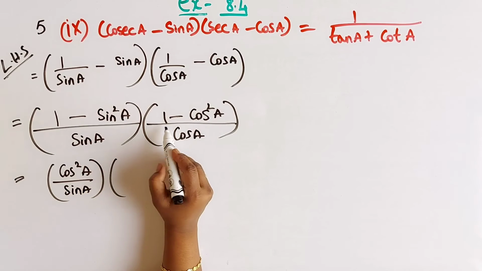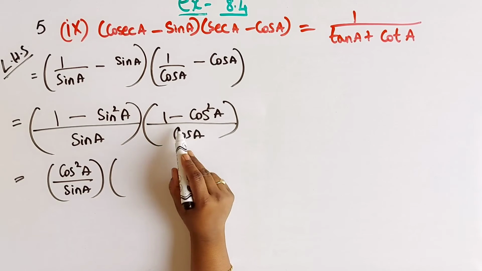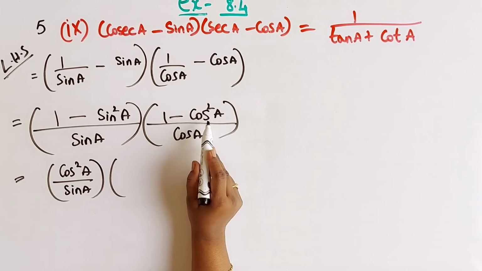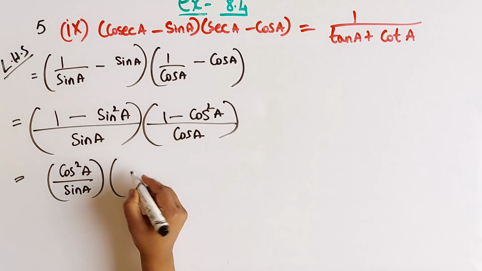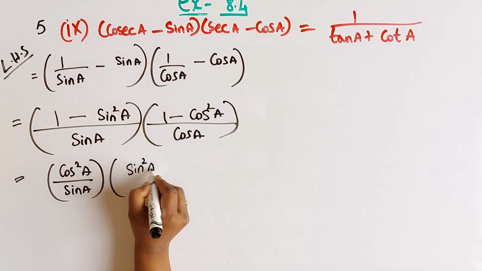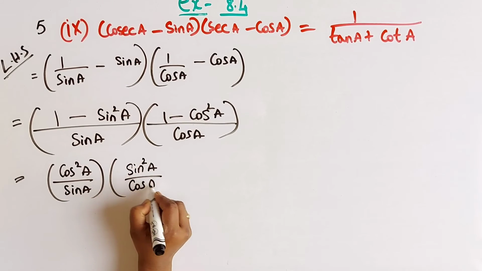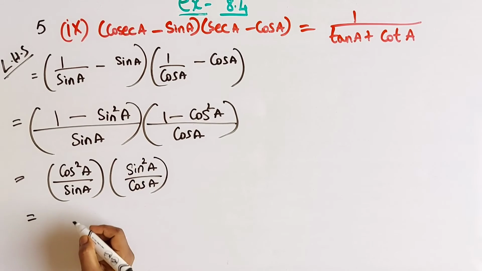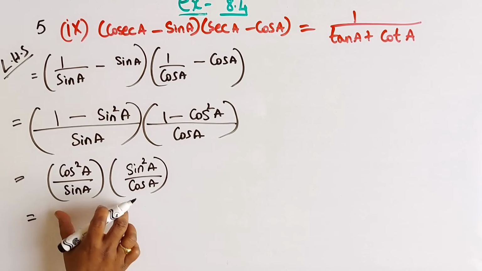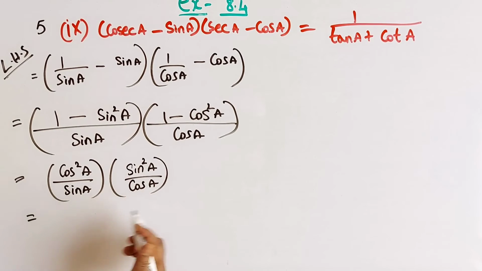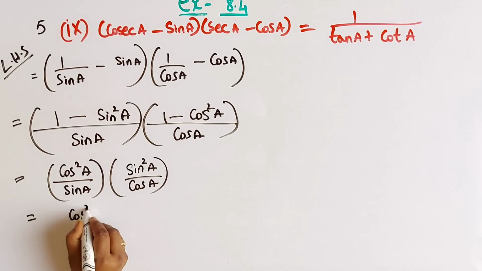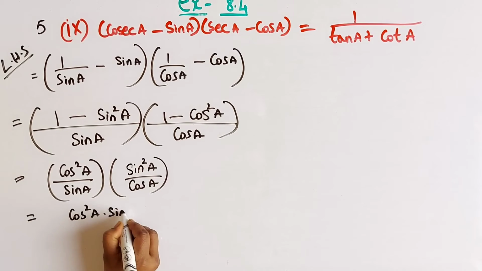Now see this side, 1 minus cos square A. From sin square A plus cos square A equal to 1, we can say that 1 minus cos square A equal to sin square A. So here I am writing sin square A by cos A. Right, children? Now see here, cos square A into sin square A by sin A cos A. I am just removing the brackets.